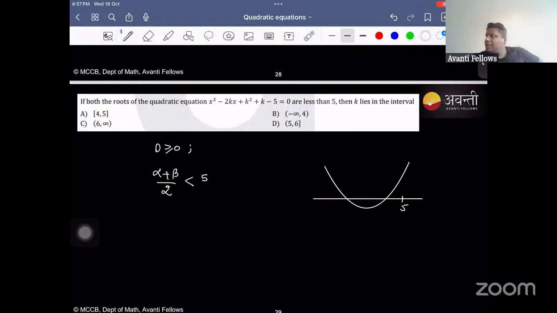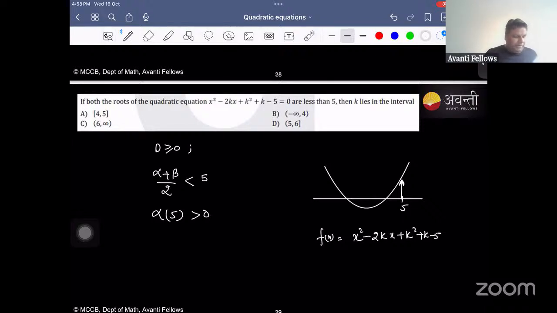And the last case I have told you, if this is f(x) as x square minus 2kx plus k square plus k minus 5, then f of 5 should be greater than 0. You see that? So if we apply all these three cases, you will be able to answer it.